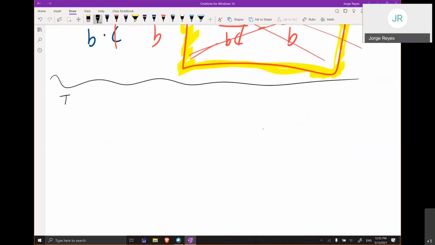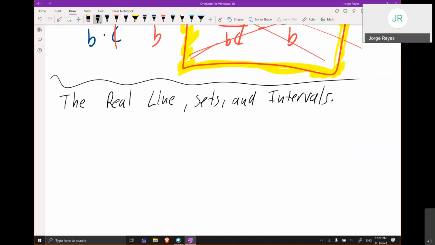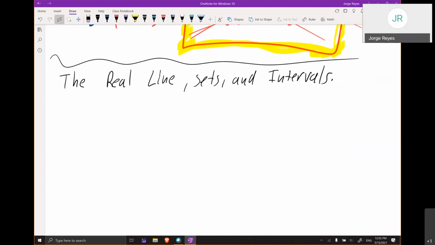Okay, now we're going to move on to the rest of the section. We're going to talk more about sets, the real line, and intervals. A big deal that mathematicians care about is that we say the real numbers are ordered.